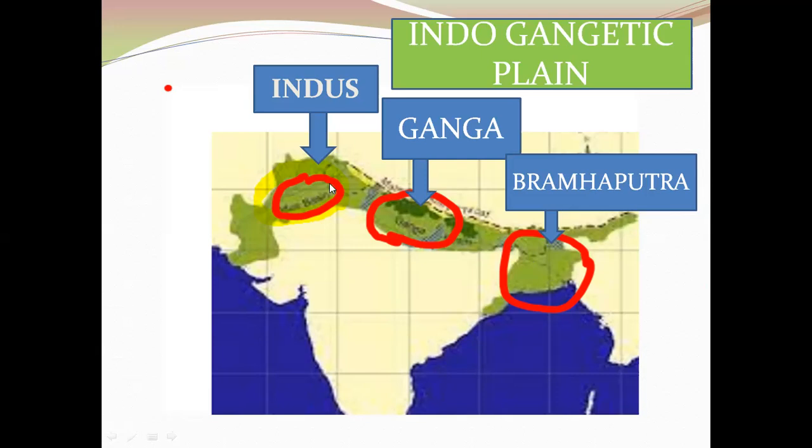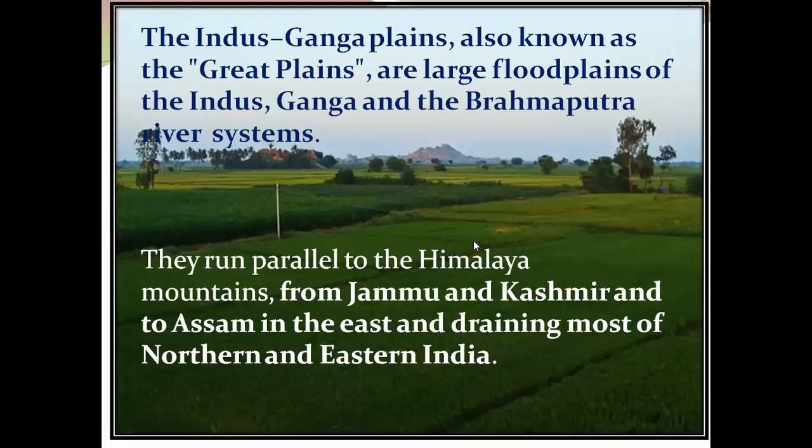So this area is known as the Indo-Gangetic Plain, and these areas are formed because of the rivers Indus, Ganga, and Brahmaputra. You can see Indus is flowing in this area western part, Ganga in the central part, and Brahmaputra in the eastern part.